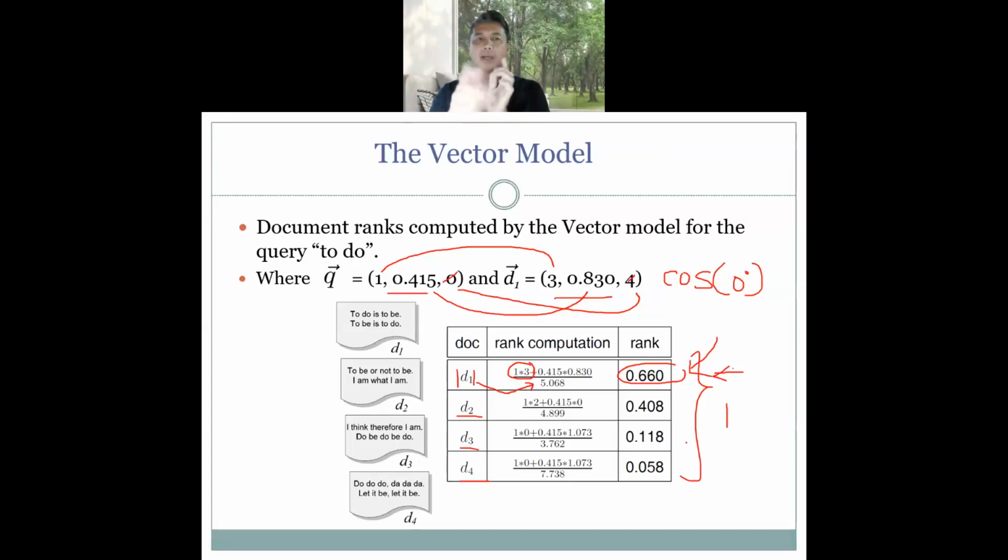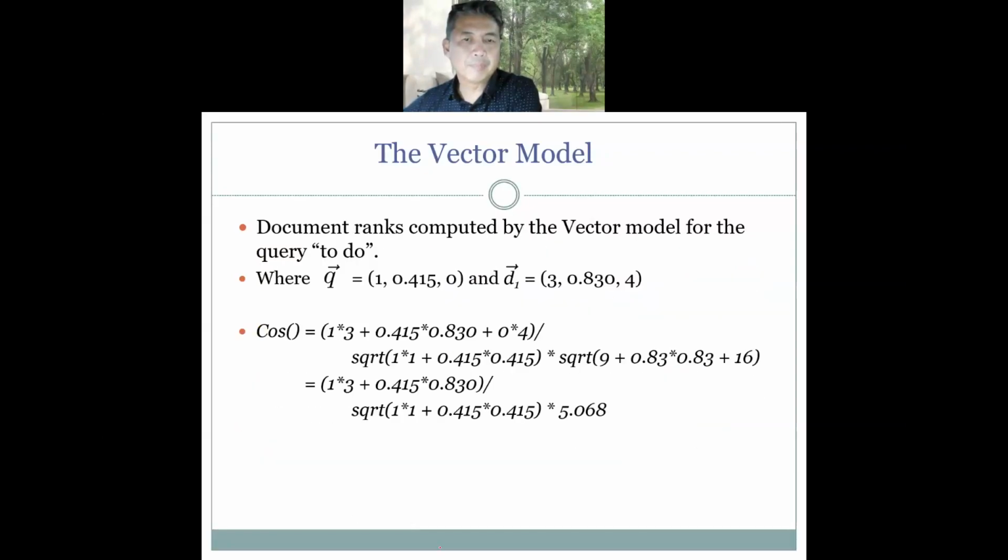So that's why they say the formula is looking at the degree of similarity. They use the cosine theta. If the theta is 0, your value is 1.